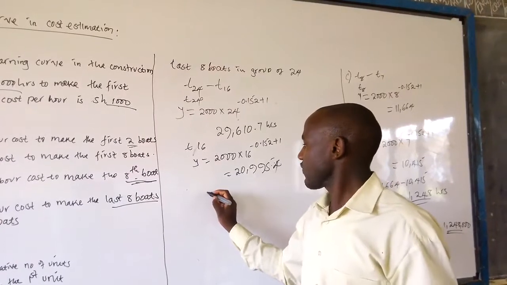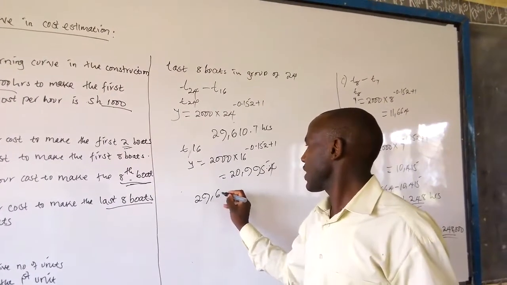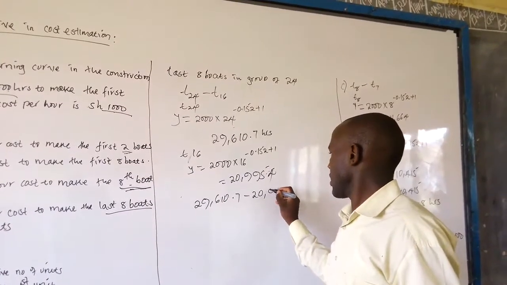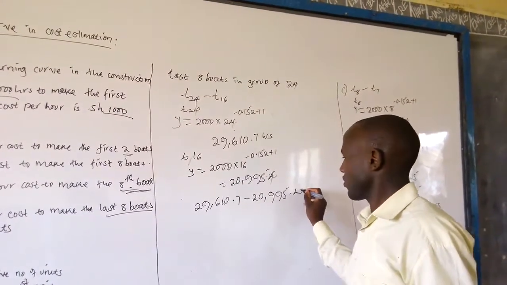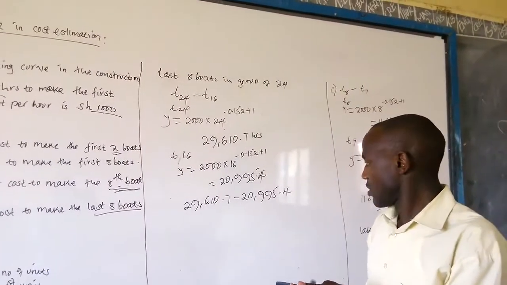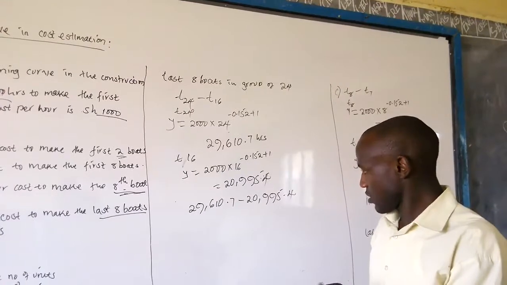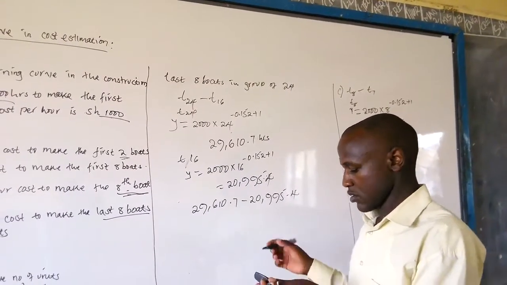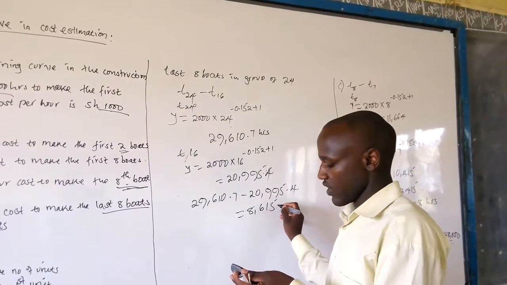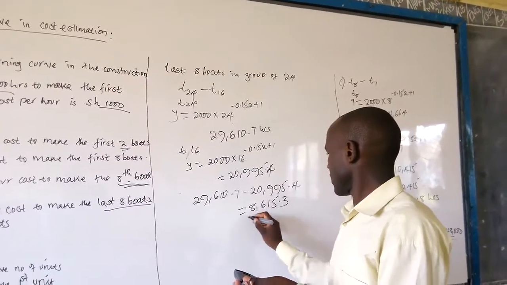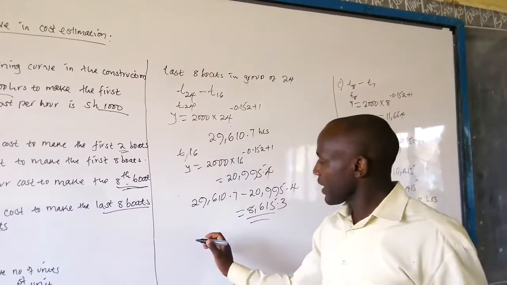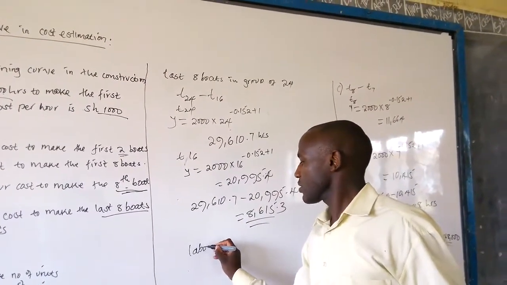So getting the difference, 29,610.7 minus 20,995.4, we get 8,615.3. Now after getting this time difference, we get the labor cost.